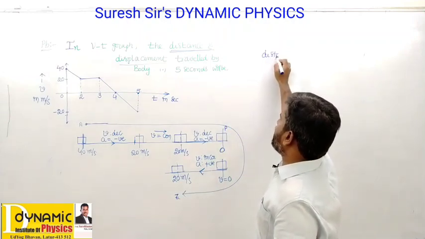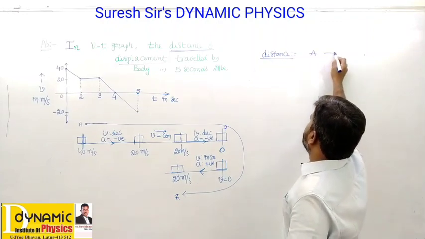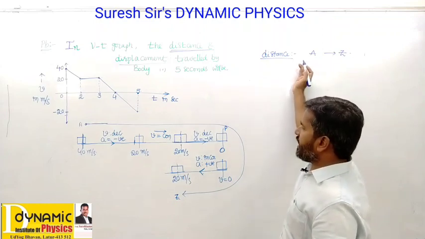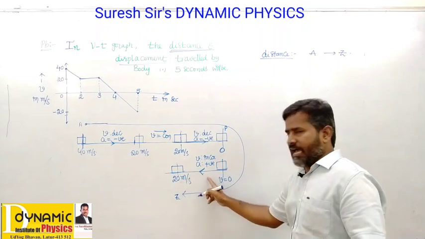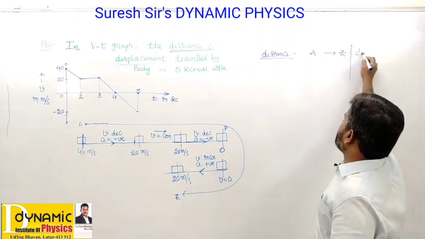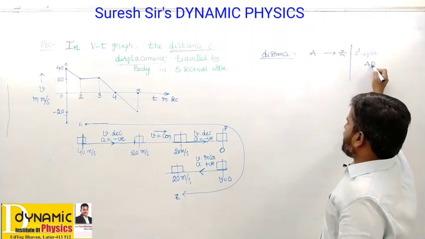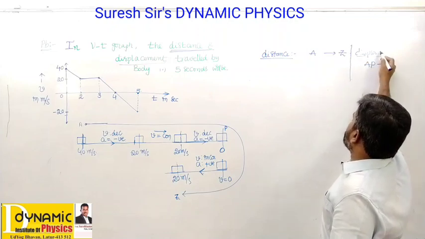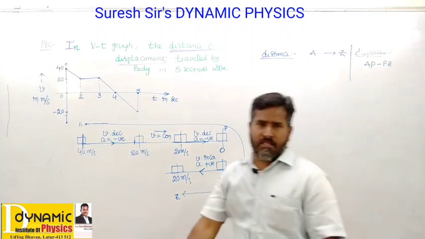Distance is written as A to Z, the total value. Displacement is written as A to P minus the opposite direction, P to Z. This is the distance and this is the displacement.